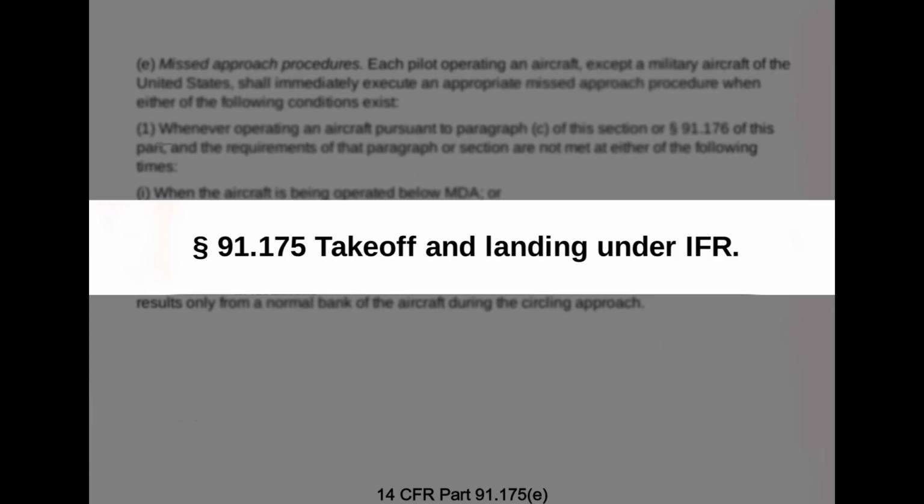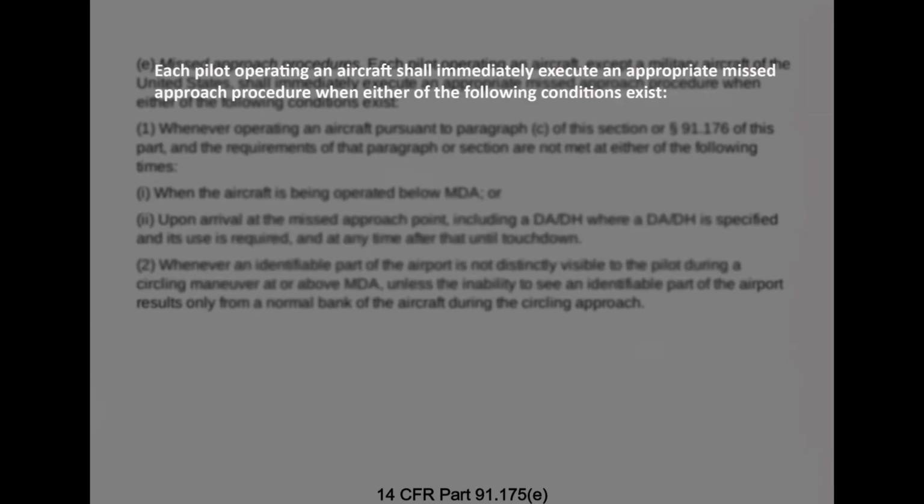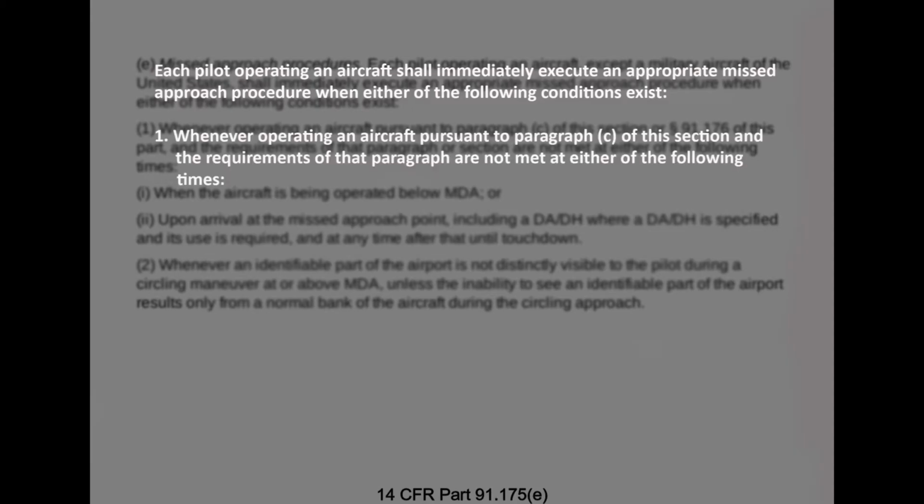And finally, we have 14 CFR 91.175(e) that dictates when we must execute a missed approach procedure. This regulation states that each pilot operating an aircraft shall immediately execute an appropriate missed approach procedure when the following conditions exist. Number 1.